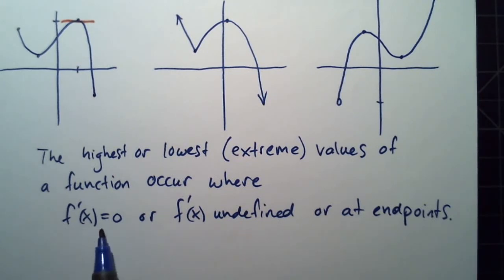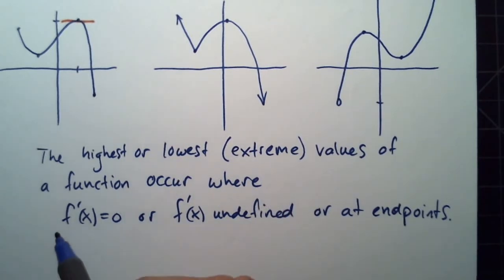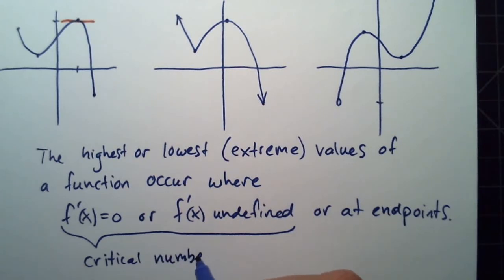We want to see when is the derivative 0 or undefined, and then we also check the y values at the endpoints, and that reduces the possible locations of the extreme values. When we get a slope of 0 or an undefined slope, these are called critical numbers. Let's say the x values are critical numbers.